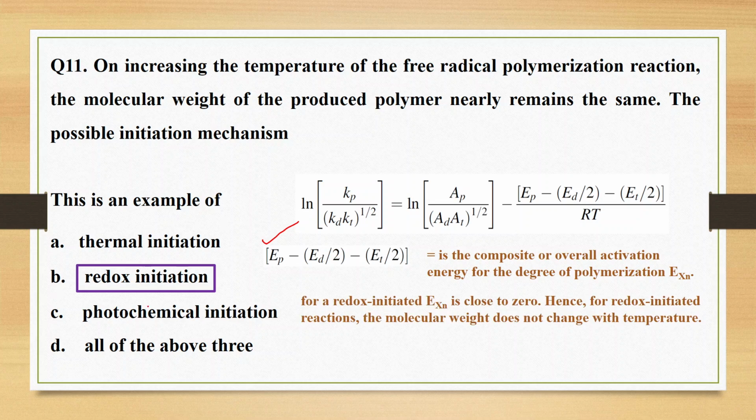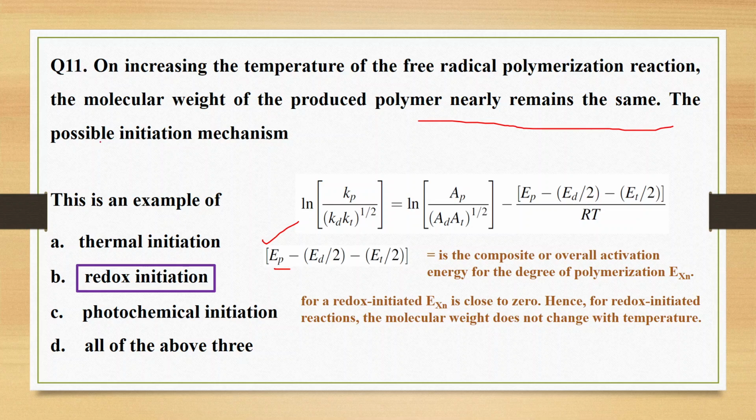So this was the equation that you got from the Arrhenius equation, and once you put the values for these three, EP, ED and ET, you will see for redox it is almost equal to 0, for thermal it was negative, and for photochemical it was positive. So in this case it is stated that the molecular weight of the produced polymer nearly remains the same, that is the change is 0.